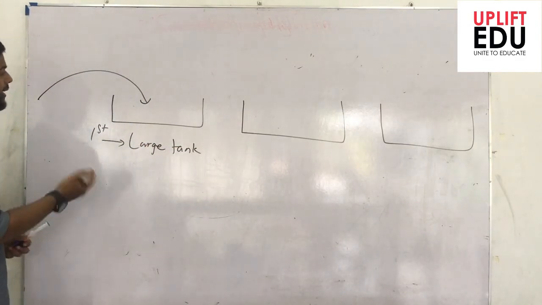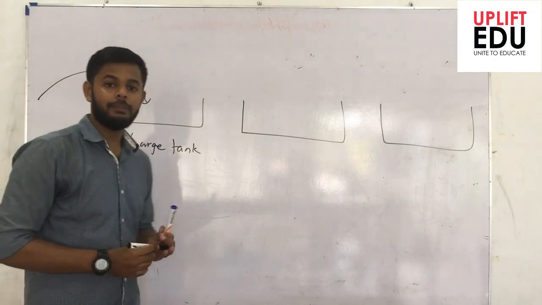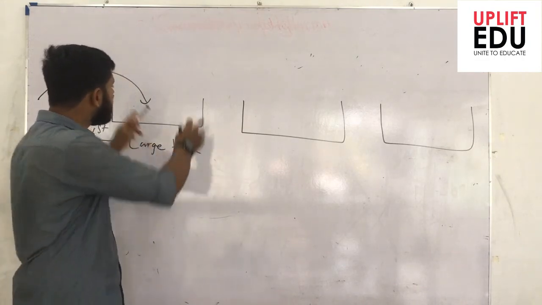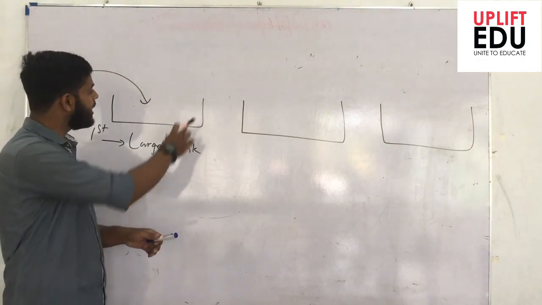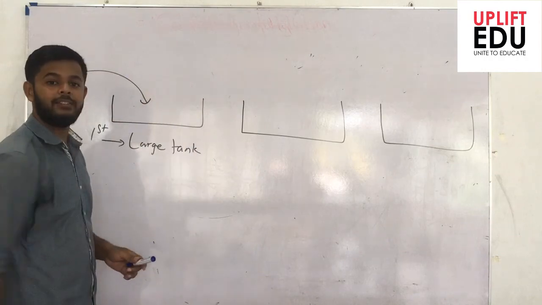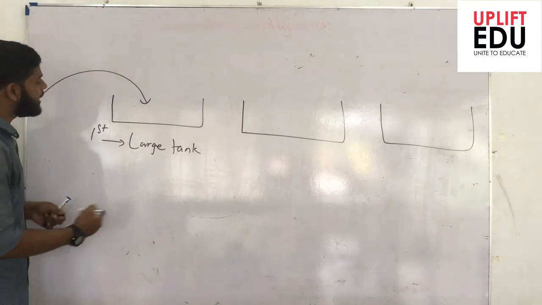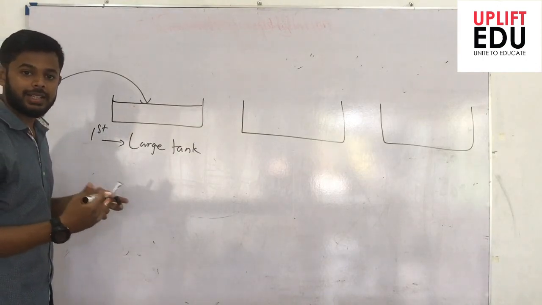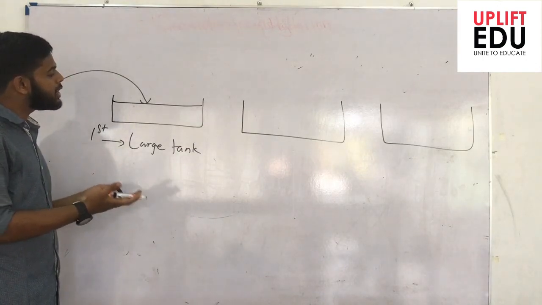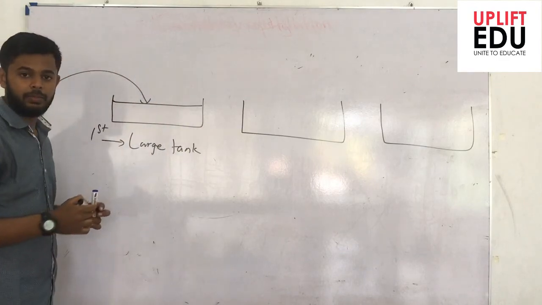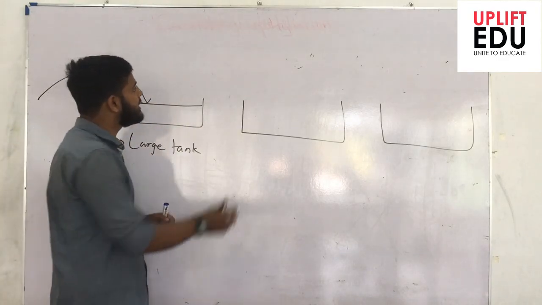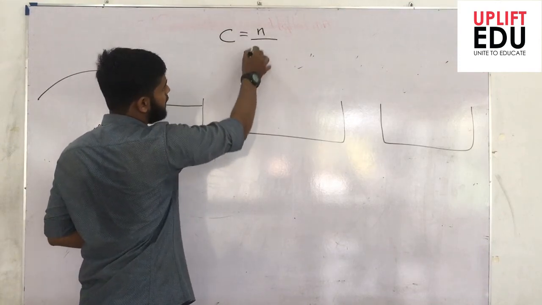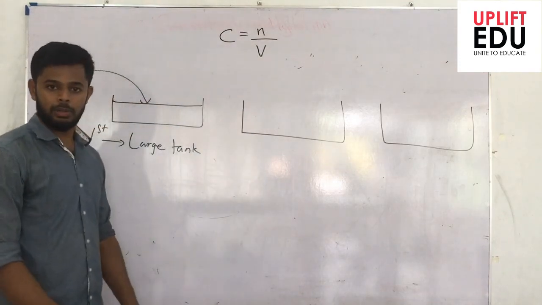In the large tank, these tanks are pits dug in the clay soil and small boundaries are made, right? This is how the larger tank is made. In the larger tank, the water is stored for some time and we allow it to evaporate. You might remember concentration is equal to amount of substance divided by the volume, right?